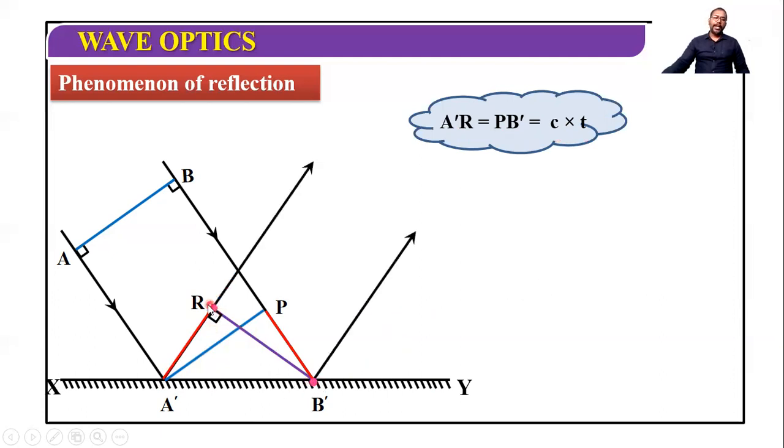Now this B dash to R line makes angle 90 degrees. So this B dash R is a reflected wavefront, a plane wavefront. Incident wavefront is here A dash P and reflected wavefront is B dash R. And you know that the light ray and the wavefront are perpendicular to each other.